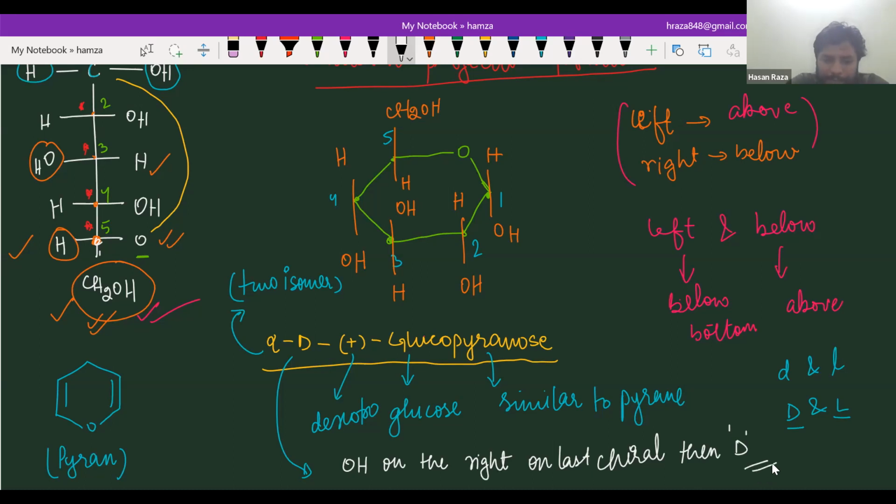Please write it. And it is also like this, two isomers, alpha. H is on the left hand side. You can see H is on the left hand side. That's why it's alpha. If this H is on the right hand side, then it will be beta.